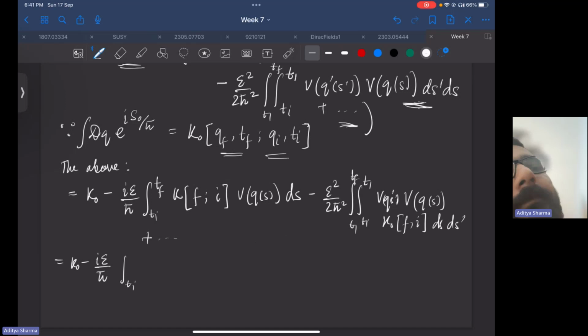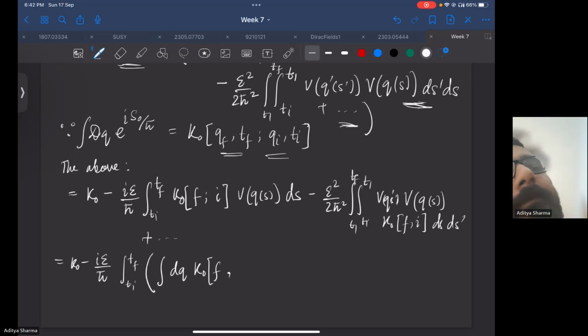Now I'm going to slice this kernel into two parts, QF and this thing.